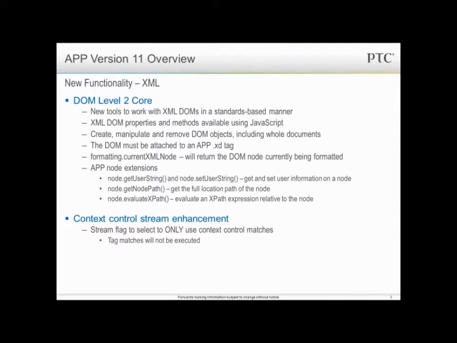Unfortunately, in the first release of version 11 this had the effect of slowing everything down somewhat, and we're working hard in M10 to get that performance back to where it should be. But what DOM level 2 core allows you to do is not only interrogate and manipulate the existing XML DOM that you're formatting from, but also create new XML DOMs and drive formatting from those as well.